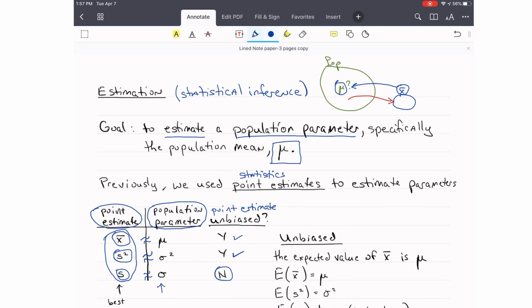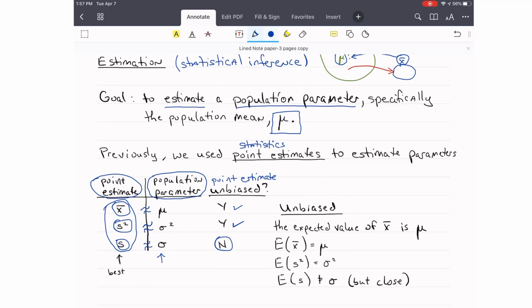So let's look over here and see what I've written about unbiased. Now, we haven't talked about the expected value in this class. So this is a numeric formula process that we use. What it does is it takes the mean of the population, in this case the mean of the population of x bar. Remember that we've just learned that x bar has its own distribution.